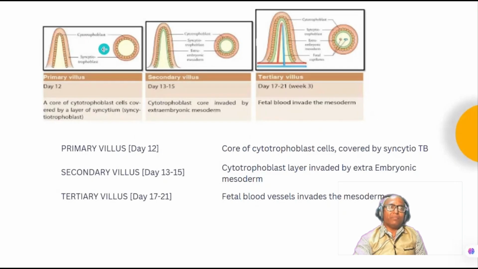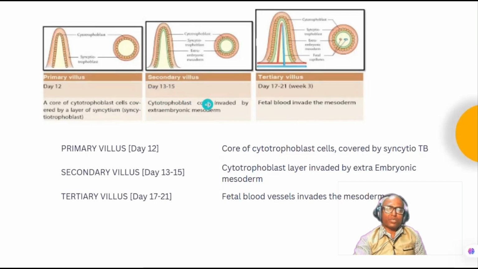In the primary villi, the outer layer is the syncytiotrophoblast and the inner layer is the cytotrophoblast. If you have a cut section, you will see that inside is the cytotrophoblast and outside is the syncytiotrophoblast. The core of cytotrophoblast cells is covered by a layer of syncytium, that is, syncytiotrophoblast. Then it gets converted into secondary villi by day 13 to 15.